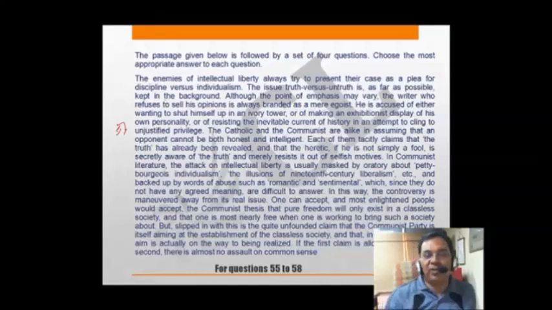This is a good point. The Catholic and the Communist are alike in assuming that an opponent cannot be both honest and intelligent. That means he can be one of those things. Okay?